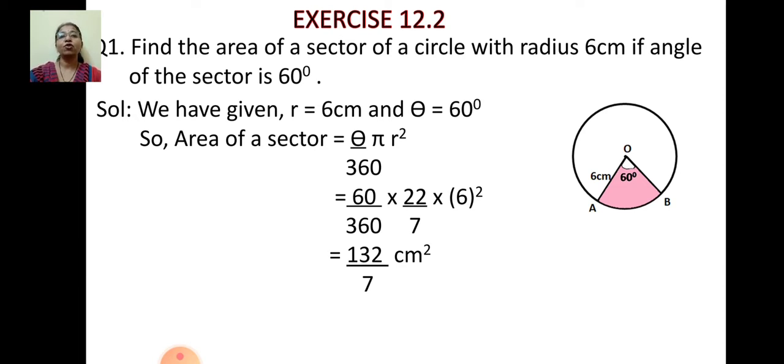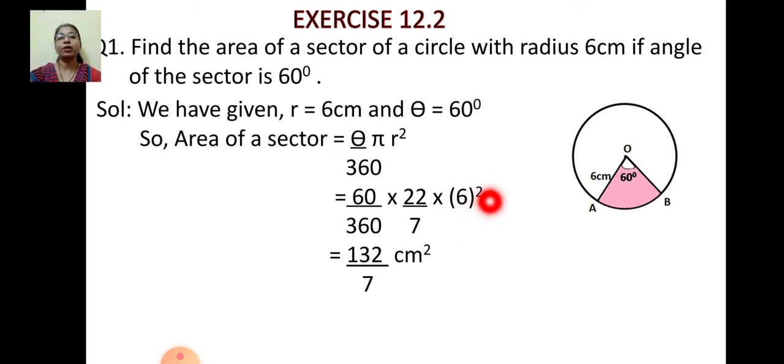So apply the formula for area of a sector, theta divided by 360 into pi r square. Since the value of pi is not mentioned, we will take pi as 22 upon 7. Substitute values: theta 60 divided by 360 into pi is 22 upon 7 into r radius is 6.